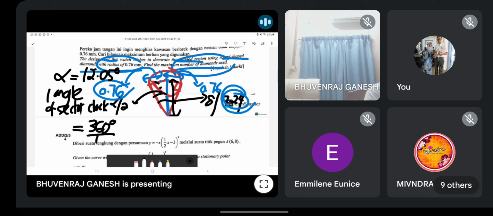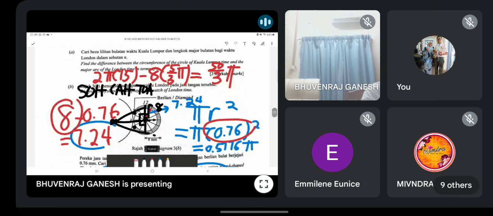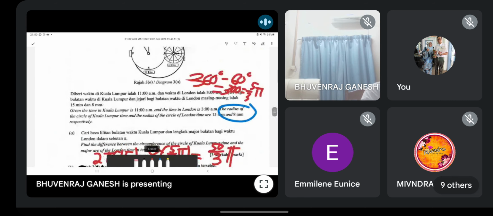Because you got 12 sectors. So each angle is 30 degrees. And then the major sector, sudut major. You want to find the major sector angle. Actually, just now you found it for part A, am I right? Over here, 300 degrees. Tadi kamu dah cari for soalan A, major sector.